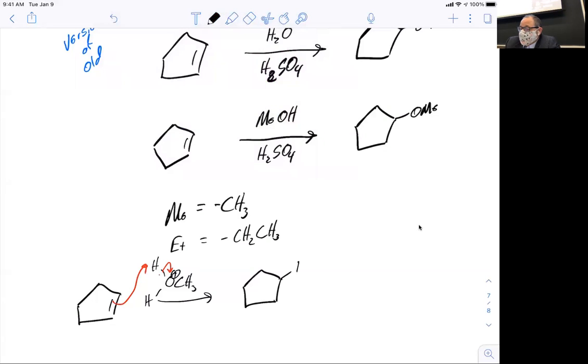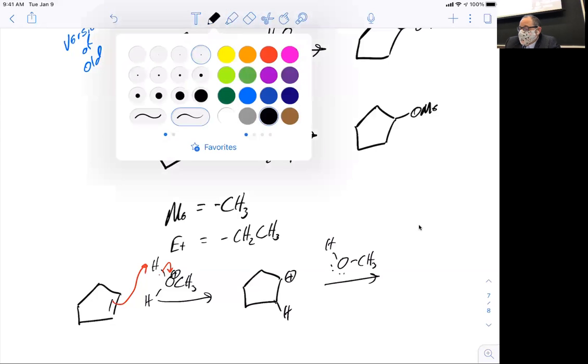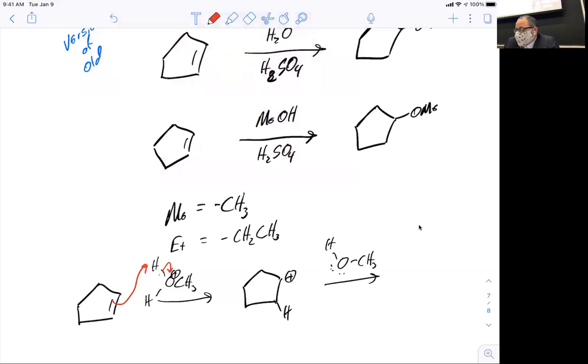the, oops, and I probably should, so that it looks like the products, we'll put the H here. We get the carbocation. Then my alcohol attacks instead of water.